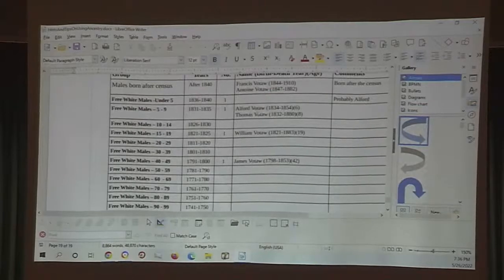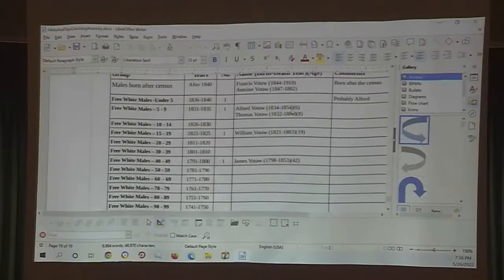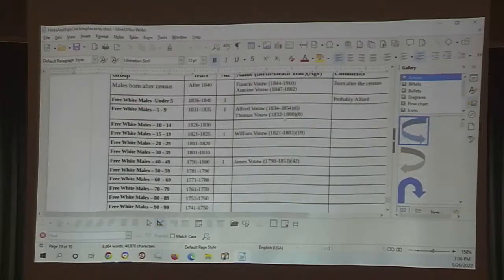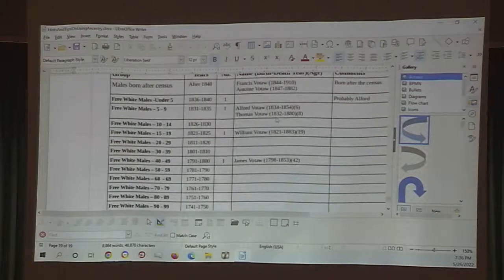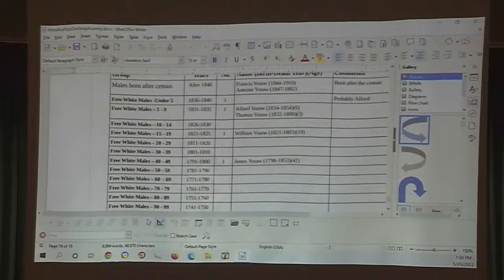Now here's Alfred, 1834, and he was 6 years old when the census was taken. But on the census, they listed him as under 5, and that could be a mistake, because this is based on the birth date that I found somewhere else, not what was taken on the census. And then there was a Thomas Votaw who was born 1832.